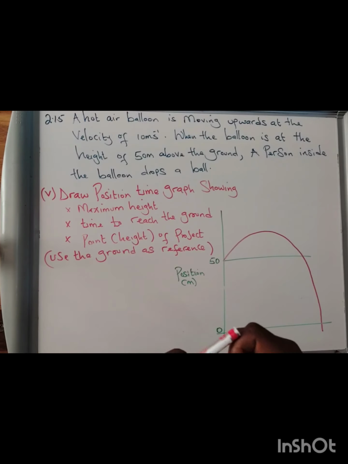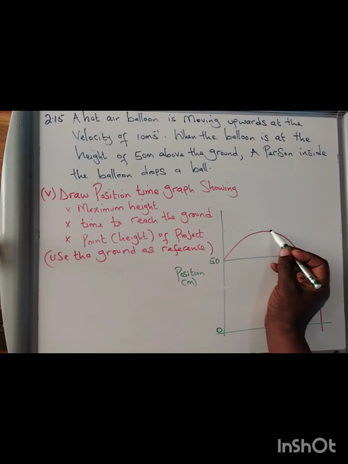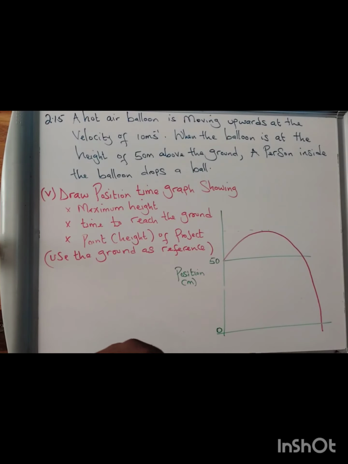Okay, so we have to recall also that we have the maximum height, which is 5.10 from the point of projection. What does that mean?